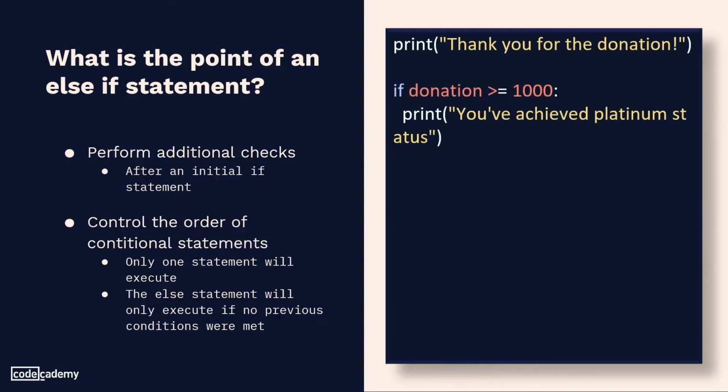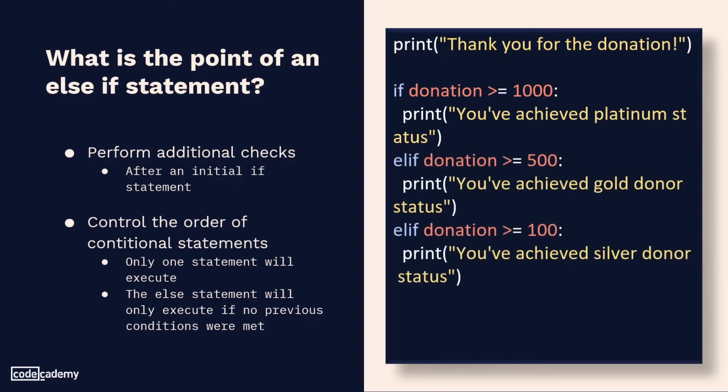Let's say we have a program accepting donations and we want to print a custom message depending on the donation amount. We could write an initial if statement for an amount greater than or equal to 1,000, which gives customers platinum status. At this point, we could put an else statement, but that would limit our control flow to only two options.